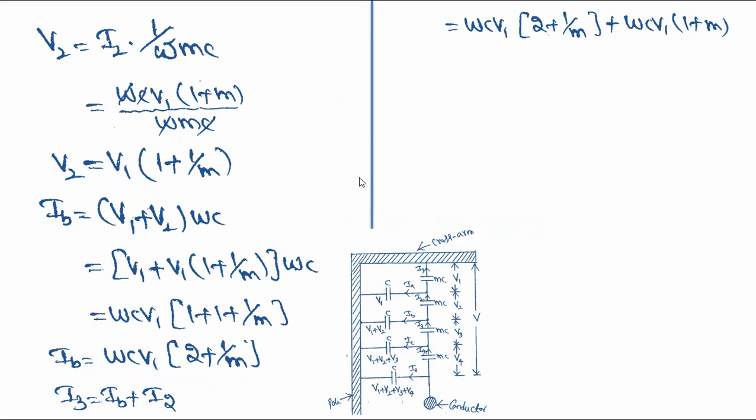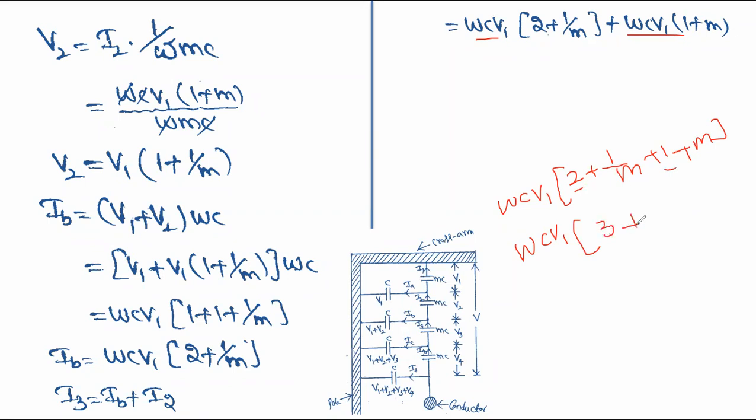Now in these two terms you should take common WC V1. If you take it common, what happened? That is WC V1, 2 plus 1 by M plus 1 plus M. Now that is WC V1 into, what is that? 2 plus 1, that is 3 plus M plus 1 by M. This is the value of I3.